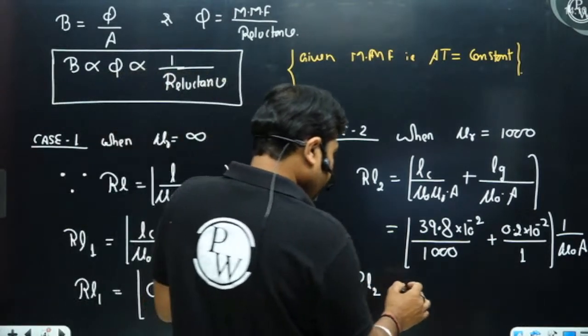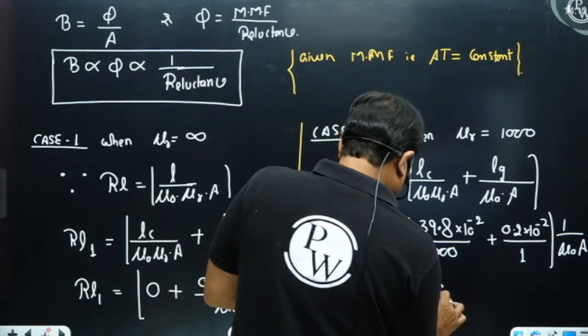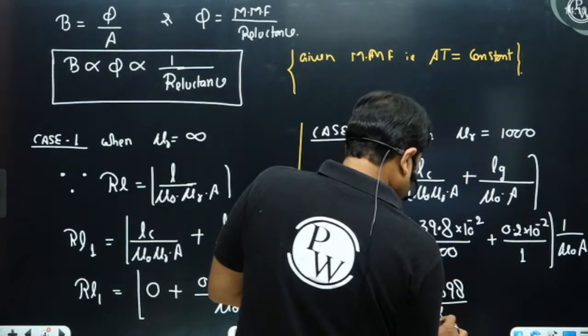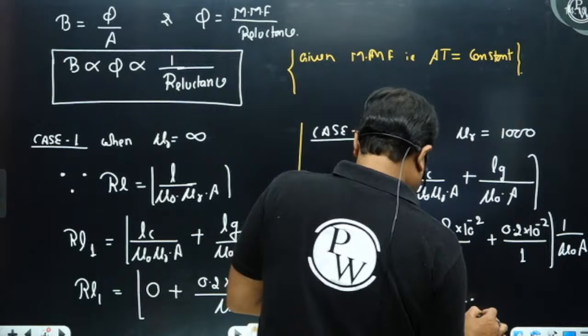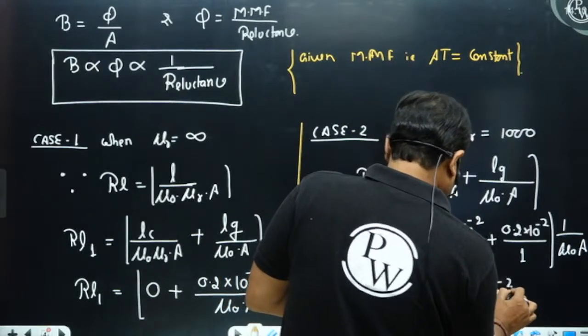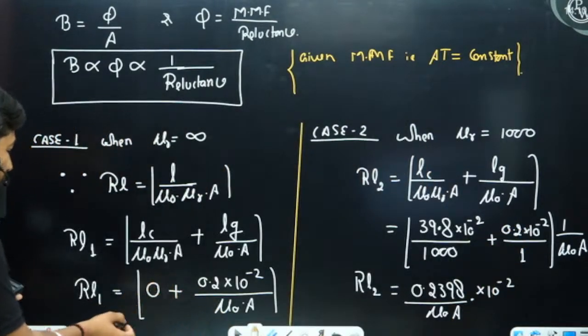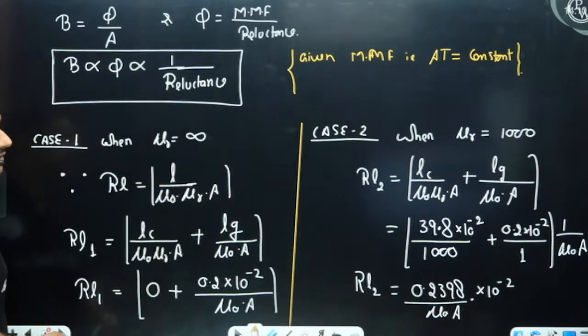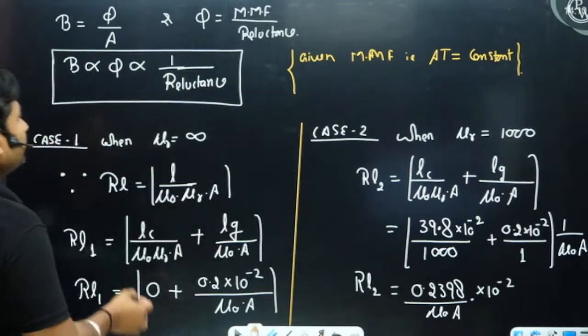So this is 0.2398 times 1 upon mu naught into A, 10 to the power of minus 2. So now we have reluctances in both the cases, when material permeability is infinite and when it is taken as 1000. Now we can find the flux density.